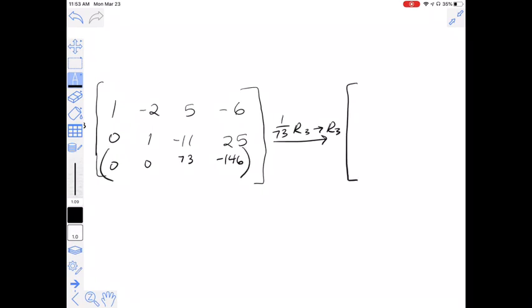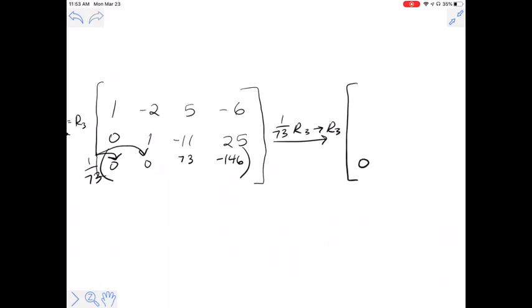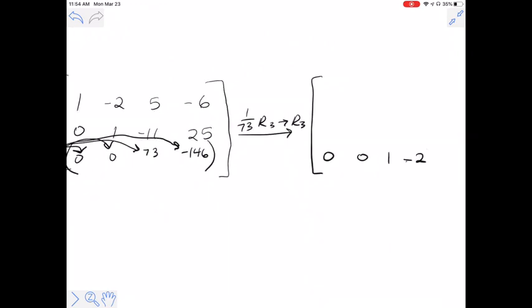So right there, that's going to give me a 0. And then multiplying here is going to give me a 0. Multiplying here is going to give me a 1. And then multiplying there, negative 146 multiplied by 1 over 73 is negative 2. Row 2 stays the same. Row 1 stays the same.